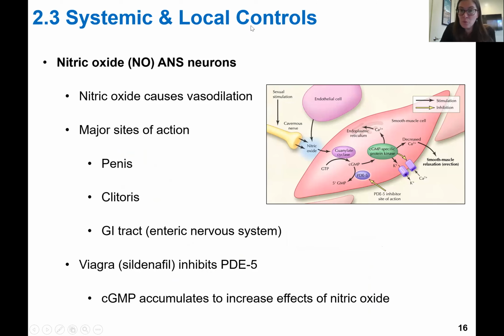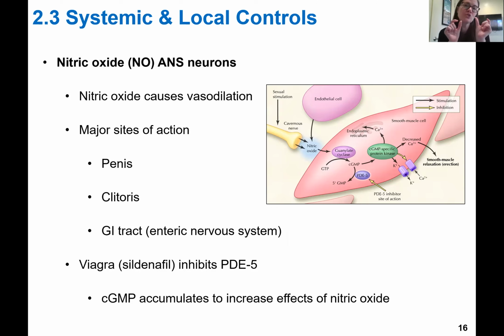So we have this one mechanism I'm going to talk about, which is a combination of a systemic and a local control. And that's nitric oxide neurons. And way back in the 618 lecture where we talked about the autonomic nervous system, I talked all about sympathetic neurons and parasympathetic neurons.